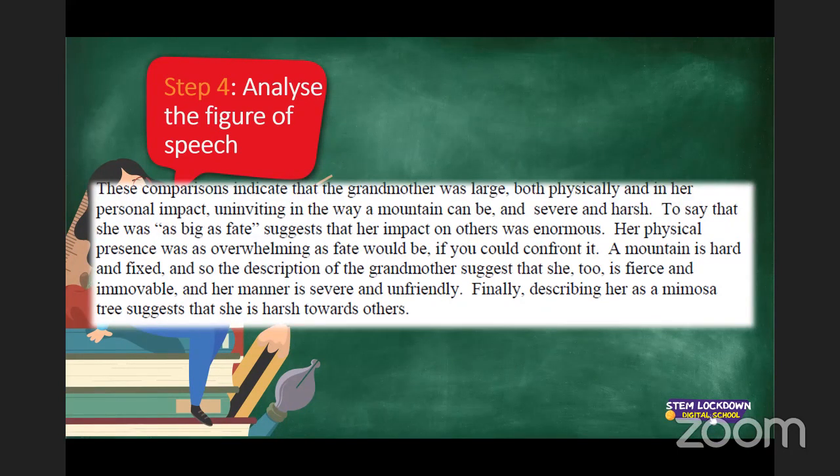So to analyze, you must say what is being compared to what and why. Think about that: what is being compared to what and why?